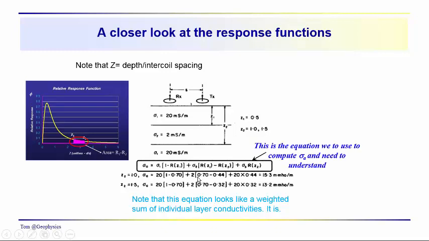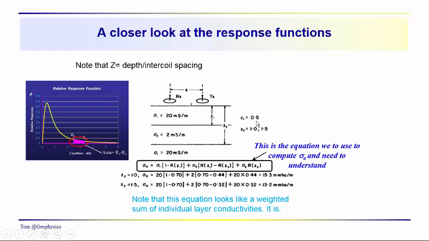We'll talk a little bit more about what the R's are and how we get them in a few minutes. But this is the basic equation that we used in the previous example, and the equation that you would use for any three-layer problem, with different conductivities.